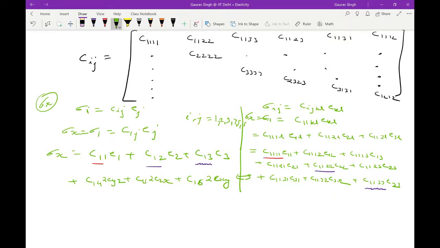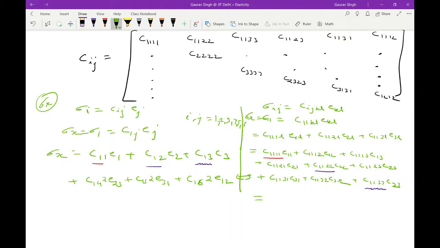Now if I want to relate these two, I must write EXY as E12. So I'll write it as E12. I will write EZX as E31 and EYZ as E23. Fine. Now I'm coming back to this side again.